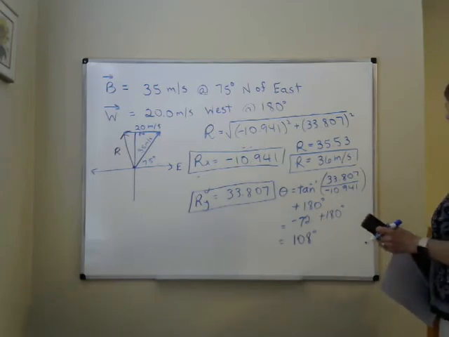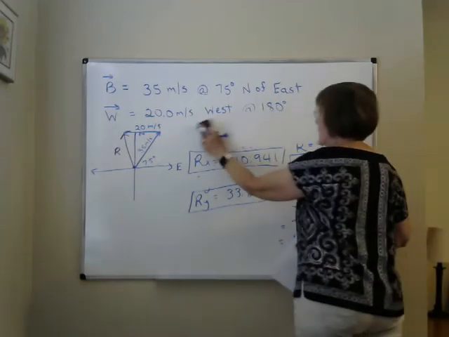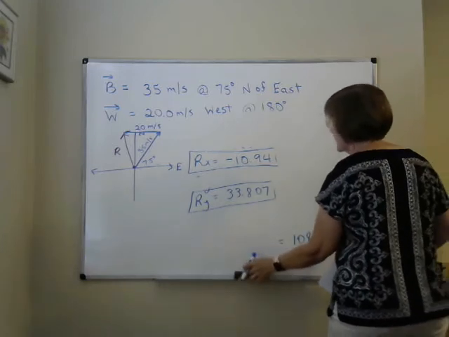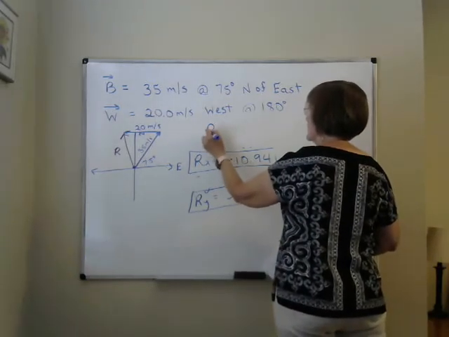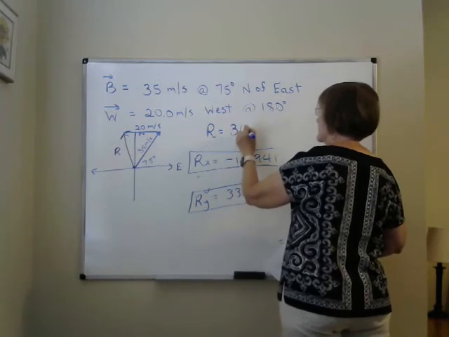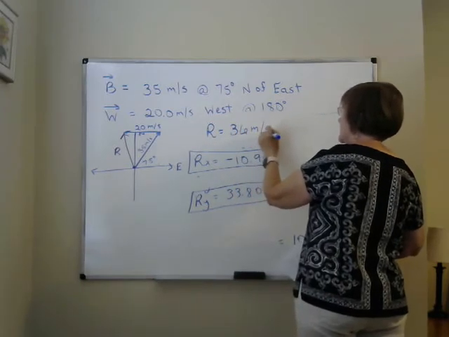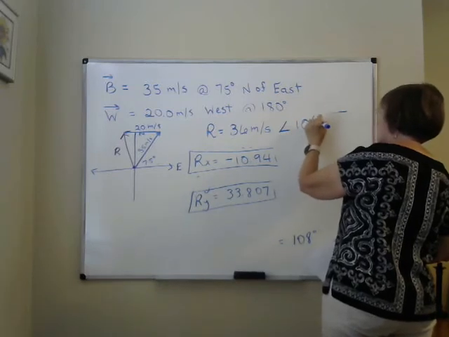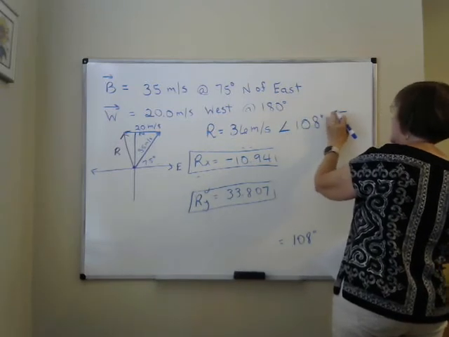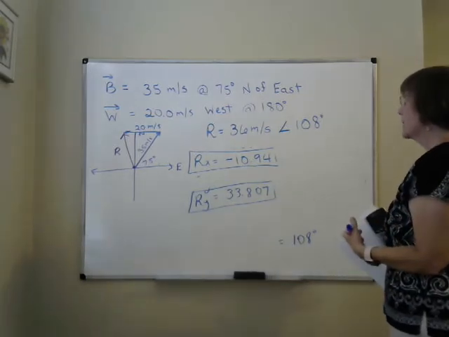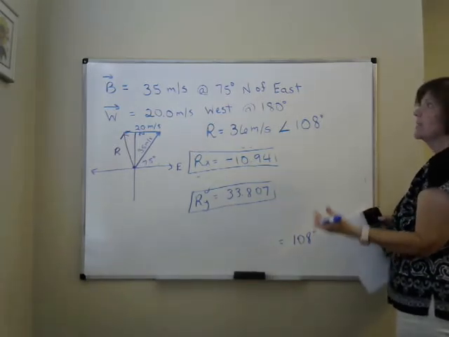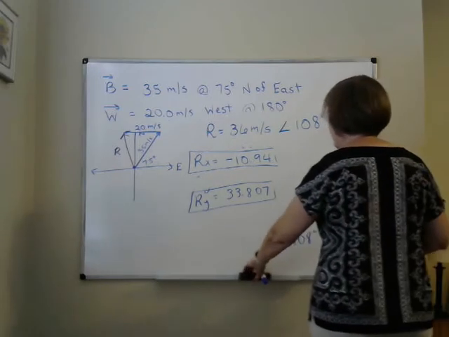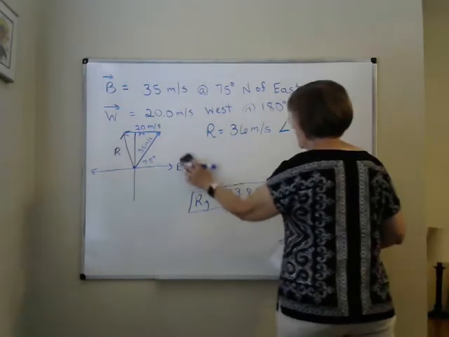Now, how do we write our answer? We typically write it something like this. We got 36 meters per second at an angle of 108 degrees. Now, if we needed to describe that better, because this is a problem where I use terms like north and south and east and west, I can figure out how to describe it a different way.